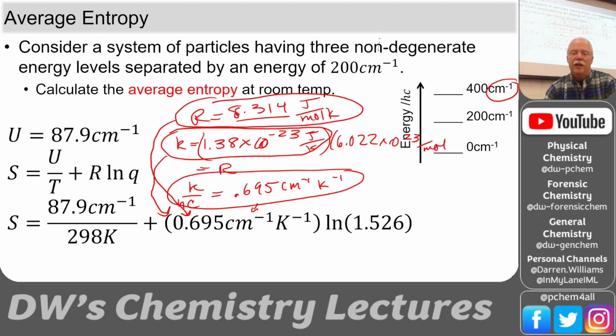What I've done here is this is energy, which would be in joules, but divided by hc, which means it's in wave numbers. So anytime you see energy over hc, like E over hc, that's going to be wave numbers.